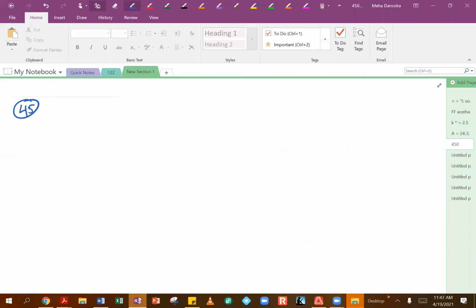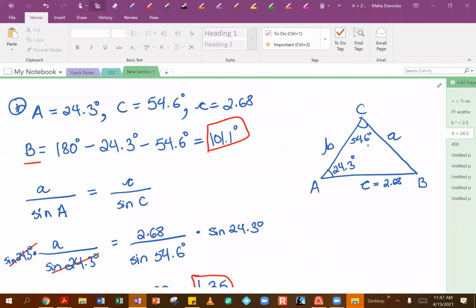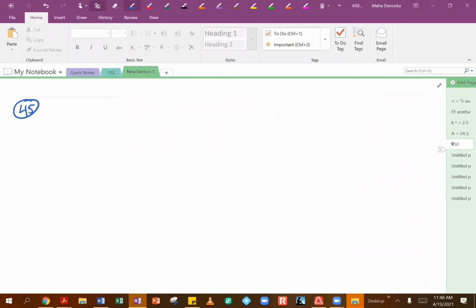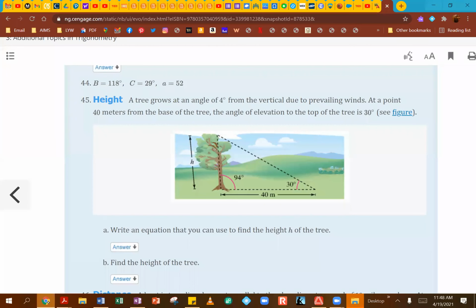So if you look at the example we just did, we had our two angles, A and C, but the side C was not the side that falls in between the two angles. That would have been side B. So this next example, you will see this known side is actually in between our two angles. So just a different scenario for the same type of example.